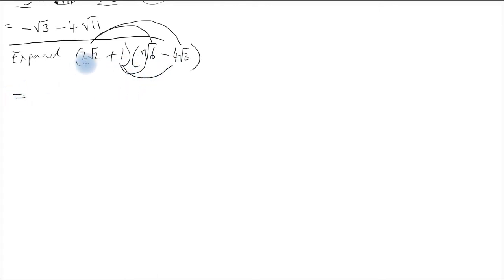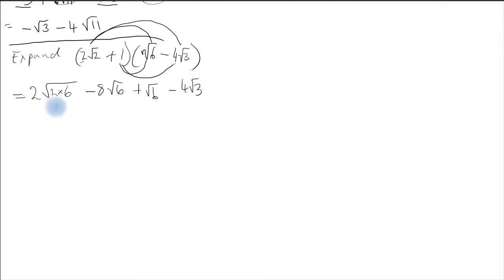So 2 root 2 times root 6 is going to be 2 root 12. 2 root 2 times minus 4 root 3 is going to be negative 8 root 6. So I'm multiplying the numbers out the front first, and then the square roots are multiplying together as well. Now 1 times root 6 is root 6, and 1 times minus 4 root 3 is minus 4 root 3.